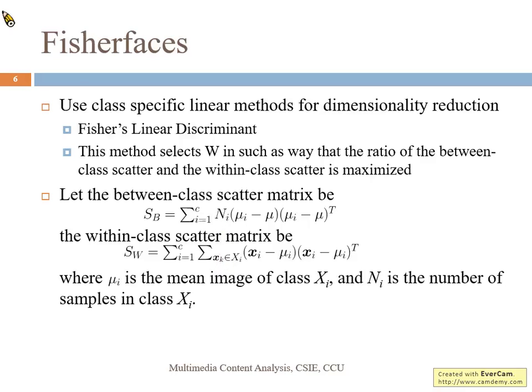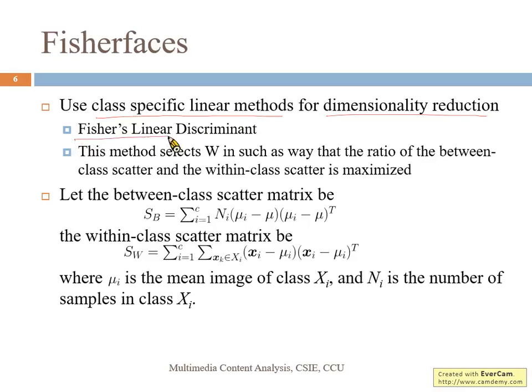Okay, but in Fisherface, we try to maximize the ratio of the between class scatter to the within class scatter. So we try to use a class-specific linear method for dimensionality reduction rather than PCA.